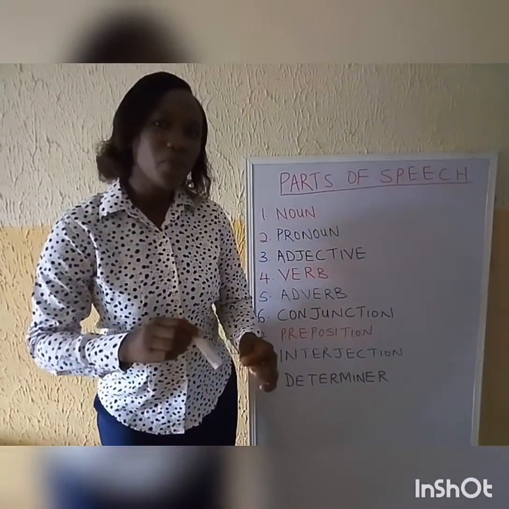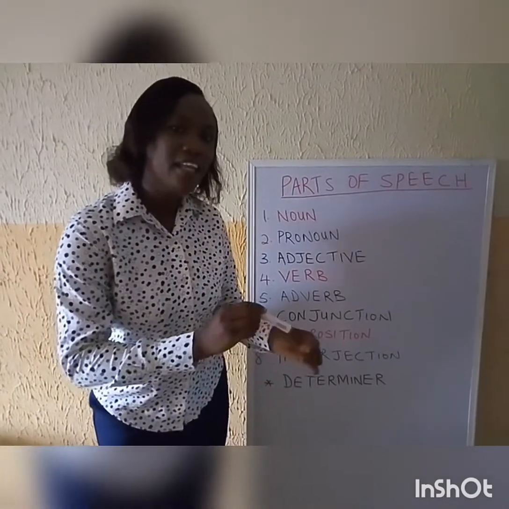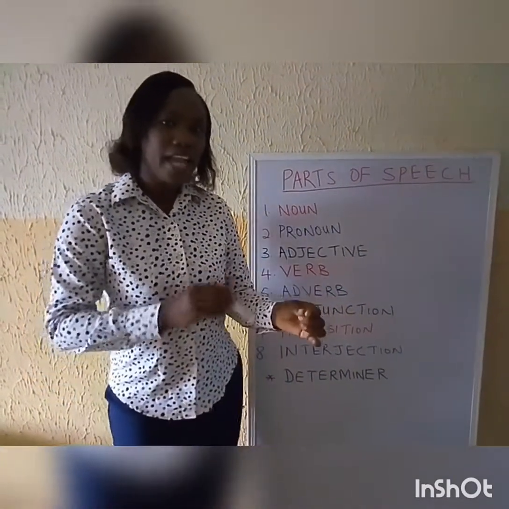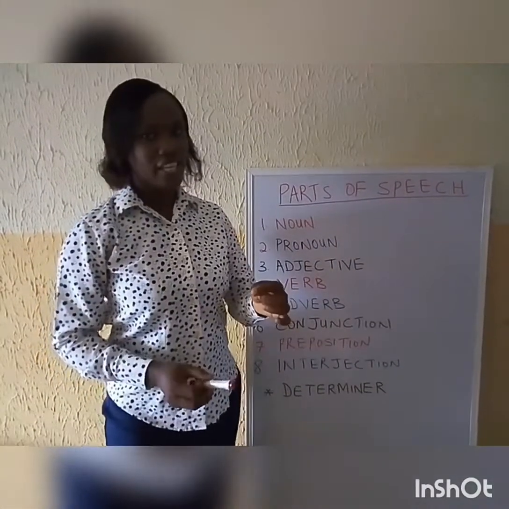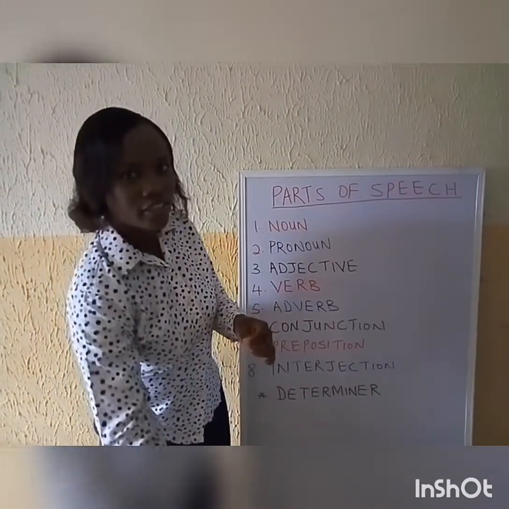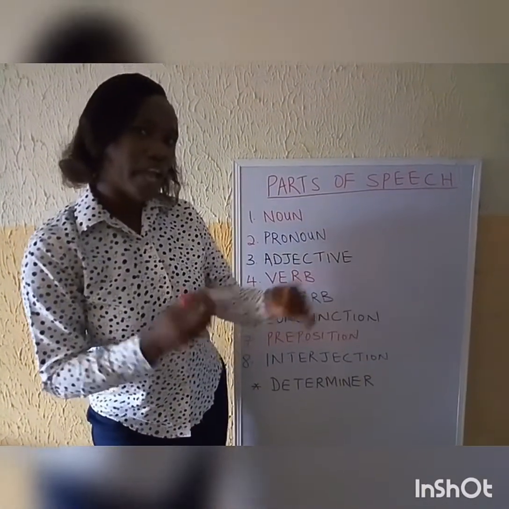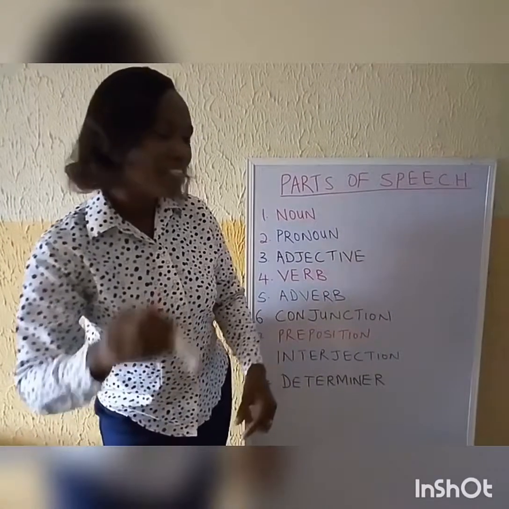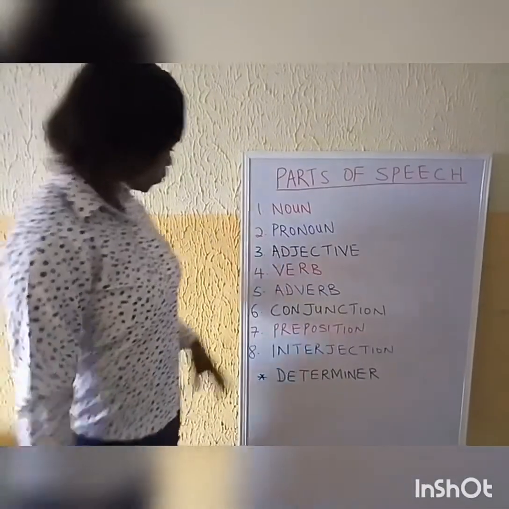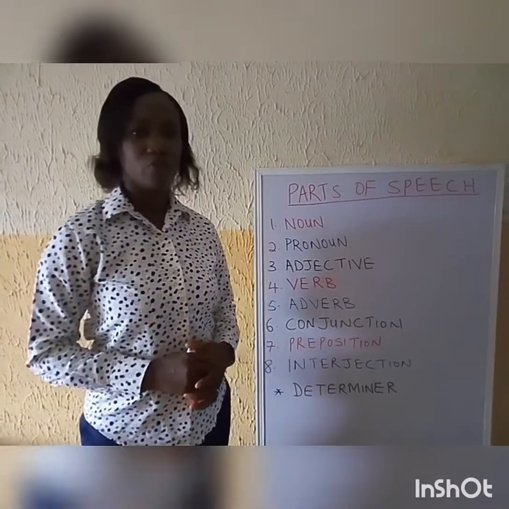We are talking about the position between the table and the pen. We can say the pen is under the table. So we are looking at the relation between the pen and the table.